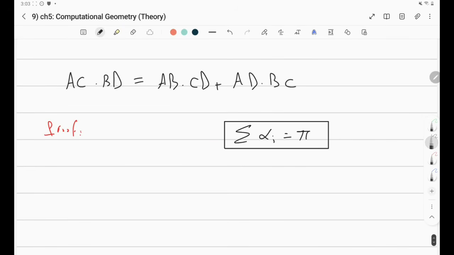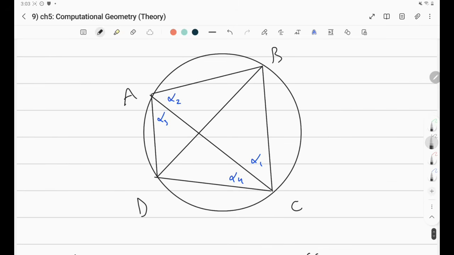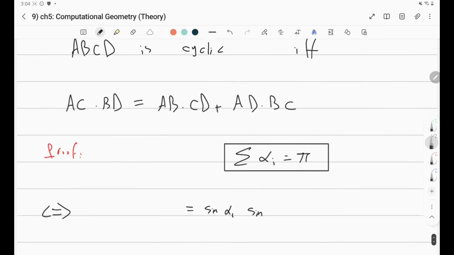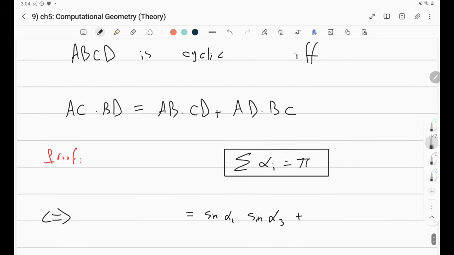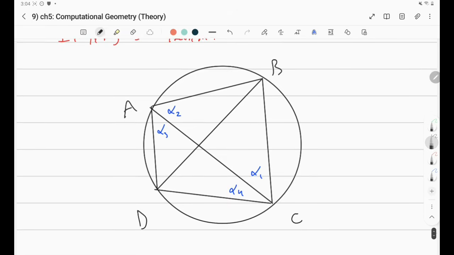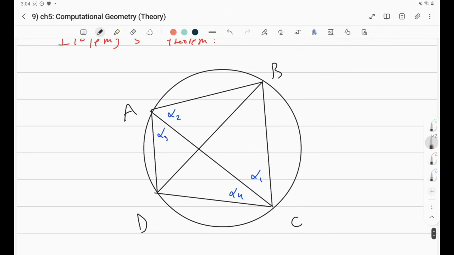So yeah, let's just translate that. So what we want to show now is, I'm going to leave the diagonals for now, but AB is just going to be sine alpha 1. CD is going to be, what was it? CD is sine alpha 3. Again, if you're confused what we're doing here, we're just applying the law of sine. Apply it on literally any triangle you want.